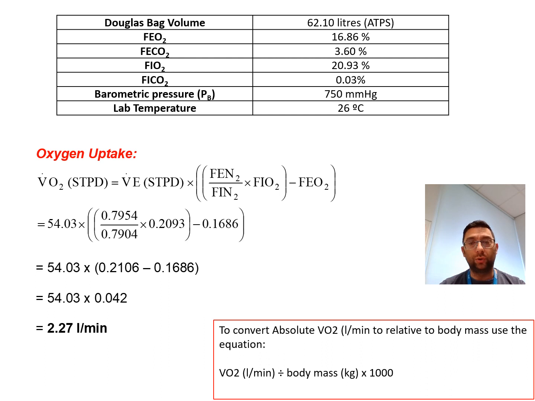So in order to determine what expired nitrogen is, you simply take 100%, take away whatever percentage of oxygen, take away whatever percentage of CO2 you've got. So in this case, 16.86 and 3.60, and then whatever percentage is left, that's your expired nitrogen concentration.